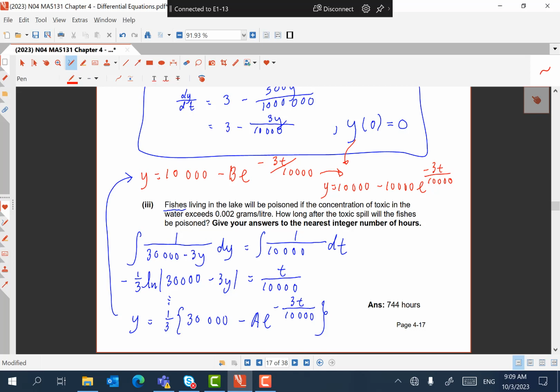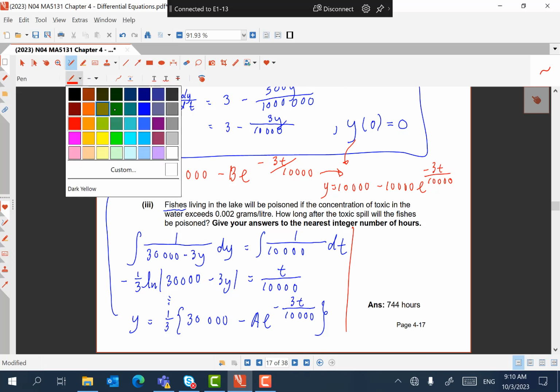Okay, so you are told that in this part 3, it says fishes living in the lake will be poisoned if y exceeds so many grams per liter. Which means the fishes will not live happily if the concentration is too high.